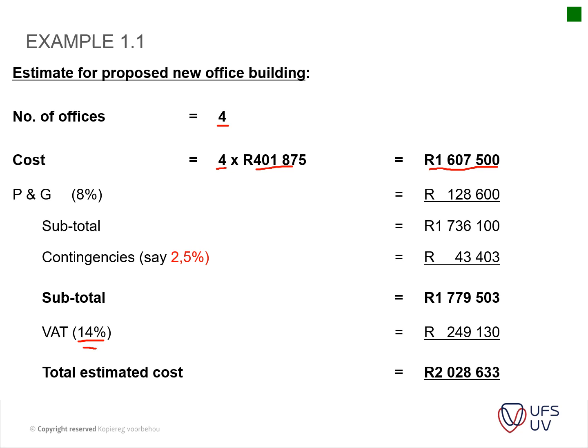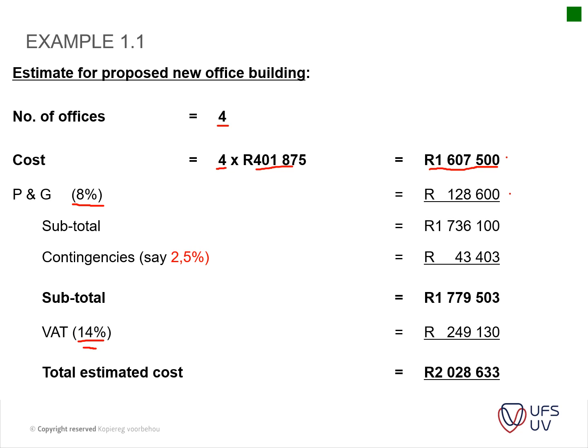Okay, so we've got our estimated calculation here of our new construction cost. We add 8% P's and G's to this. Usually we work on 10%, so this example has 8%. It's basically just to show you that it may change up and down. But usually if I do not provide it, or if you're in doubt, use 10%.